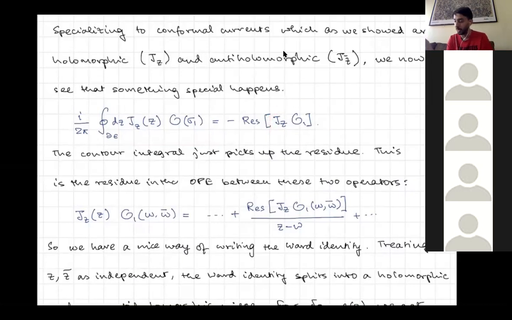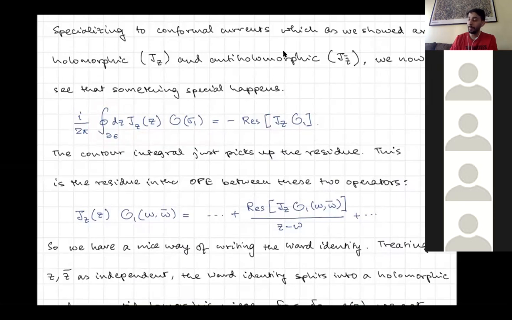When we take j of z to be close to this O1, we can use operator product expansions to expand this out, and the integrand will be made up of lots of pieces sitting inside this contour integral.